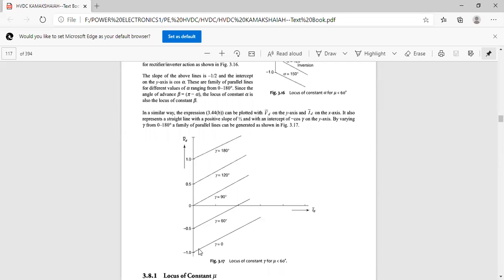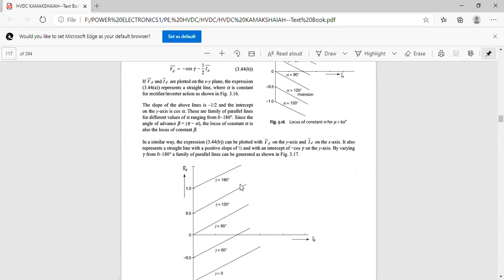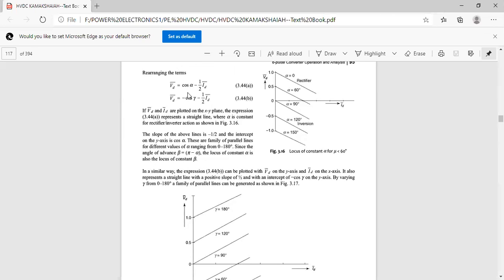Why are they taking a positive slope here, when we have minus? Because if we take minus common, then you will get cos gamma plus half Id.